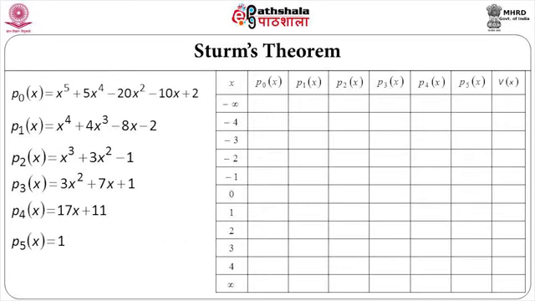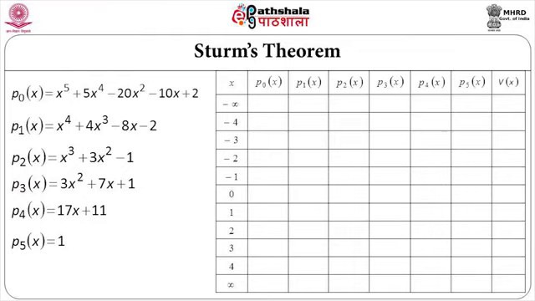So, let us work with the intervals minus infinity to minus 4, minus 4 to minus 3, minus 3 to minus 2, minus 2 to minus 1, minus 1 to 0, 0 to 1, 1 to 2, 2 to 3, 3 to 4, and 4 to infinity. It is very much the same as we worked in Budan's theorem. We need to evaluate the polynomials P0, P1, P2, P3, P4, P5 at these points.